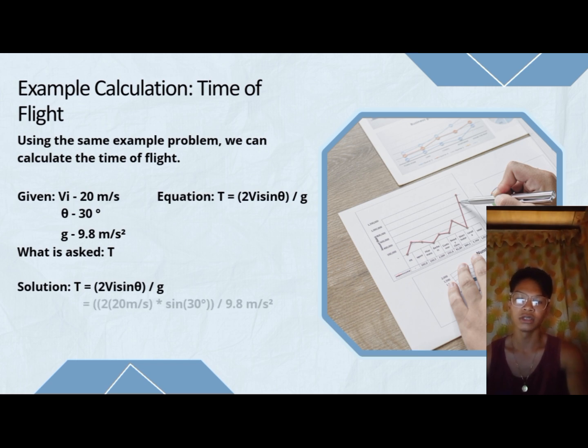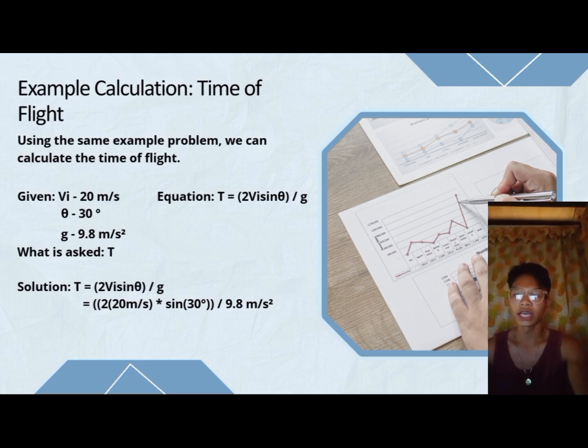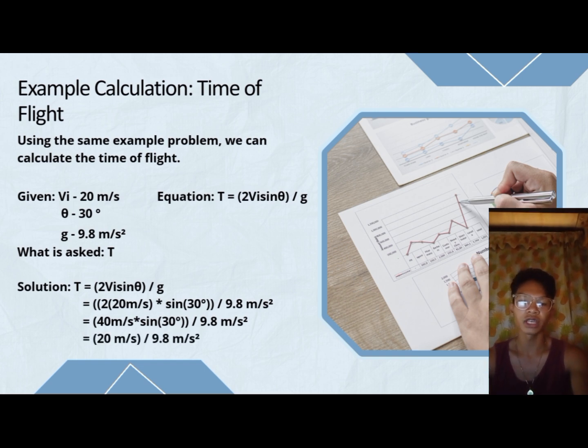Then you kindly substitute the given to the formula. 2 times 20 meters per second is equivalent to 40 meters per second, sine 30 over 9.8 meters per second squared. 40 meters per second times sine 30 degrees is equivalent to 20 meters per second over 9.8 meters per second squared. 20 meters per second divided by 9.8 meters per second squared, you get the final answer 2.04 seconds.